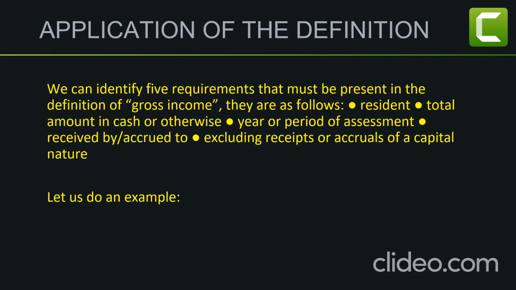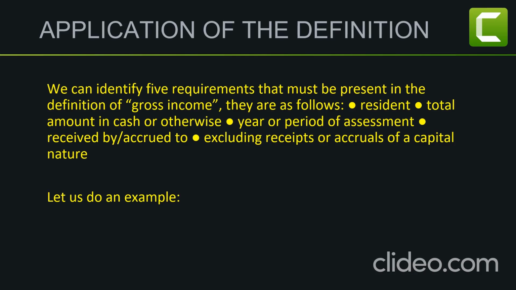Let's go on to the next slide. We can identify 6 requirements that must be present in the definition of gross income. In summary: the resident, total amount, period of assessment, received or accrued, and not of a capital nature.